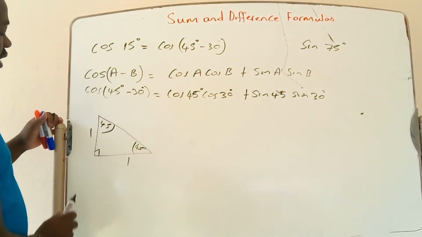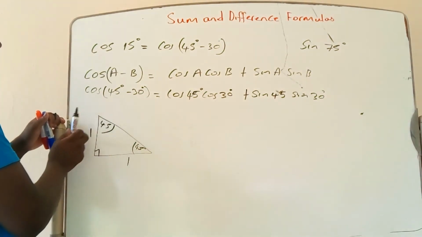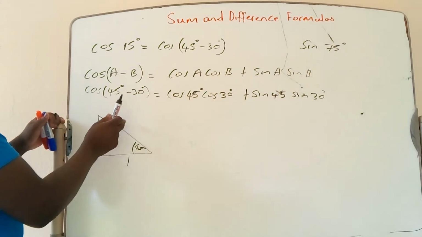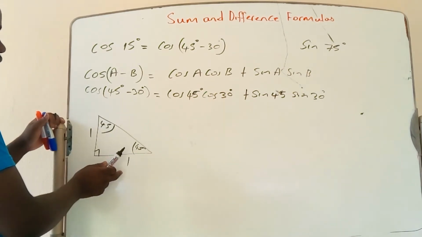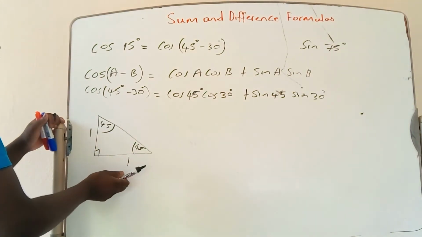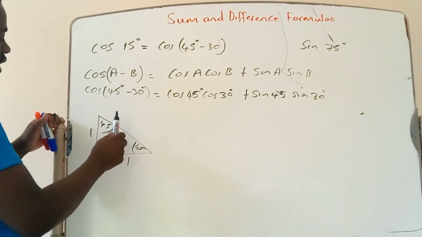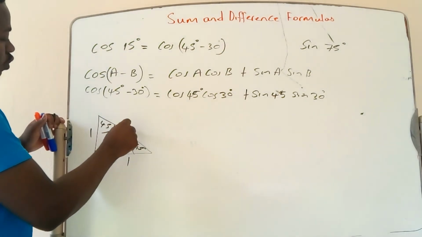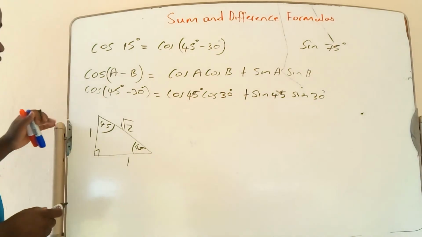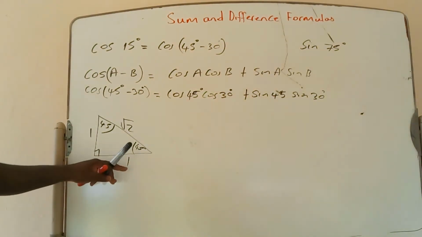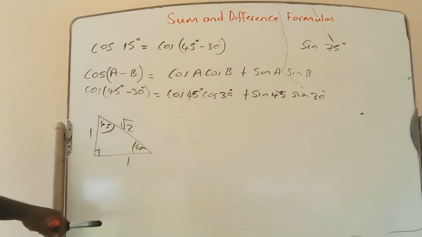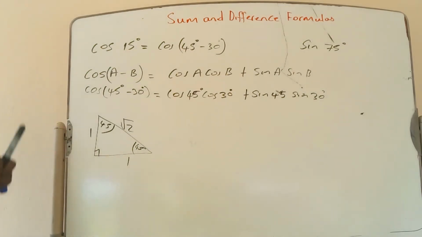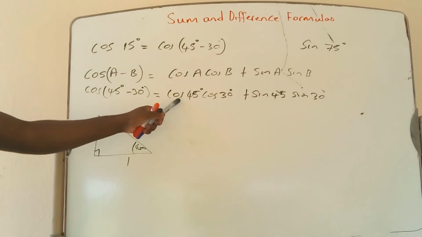Then we can calculate the hypotenuse, right? Because the hypotenuse squared is equal to 1 squared plus 1 squared, and 1 squared plus 1 squared is 2. So the hypotenuse is just root 2, because you know that the hypotenuse square is equal to the sum of the squares of the other two sides. So that's where I get this root 2 from. So you want cos 45, right?